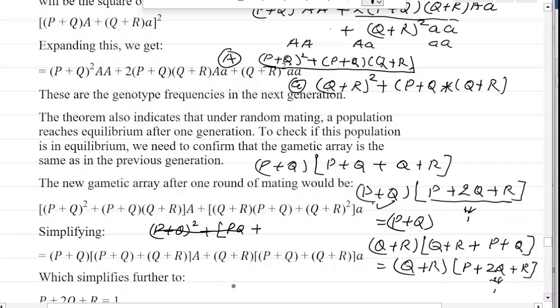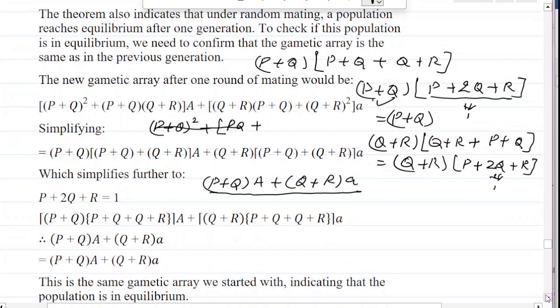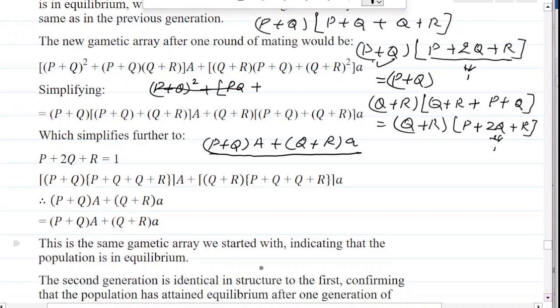So ultimately the gametic array I will get is P plus Q into A plus Q plus R into small a, which is the same as the initial population.